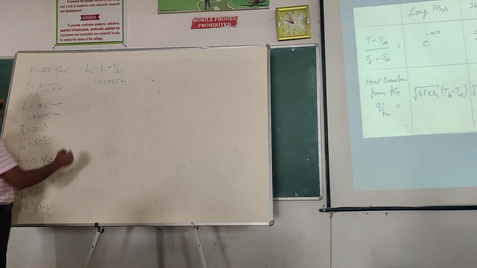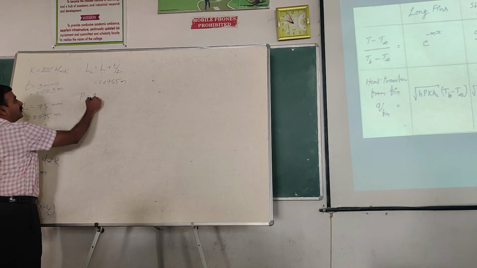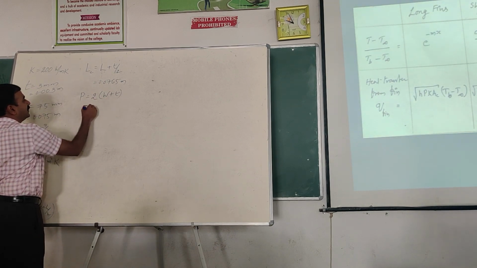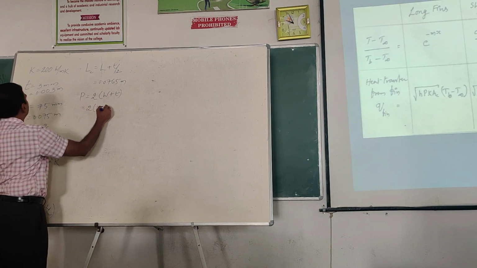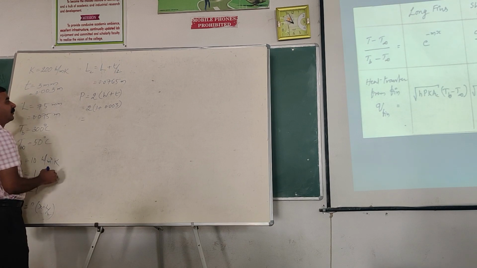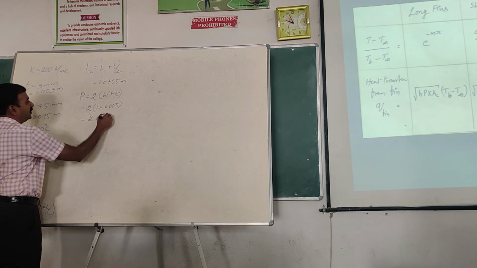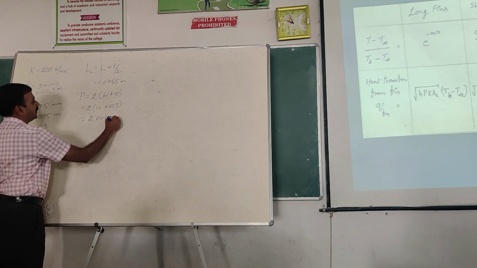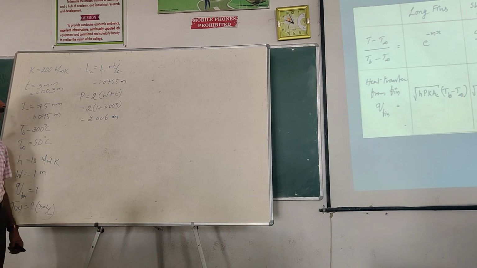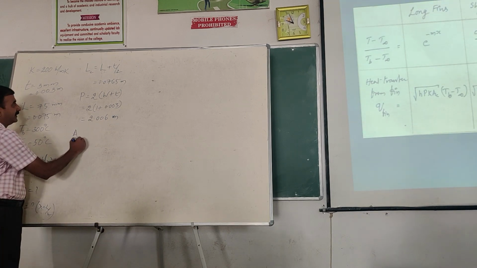Now the perimeter. What is the perimeter of this fin? 2 into (w plus t). 2 into (1 plus 0.003). So 1.003 into 2, it must be 2.006 meters. Now the cross-sectional area.